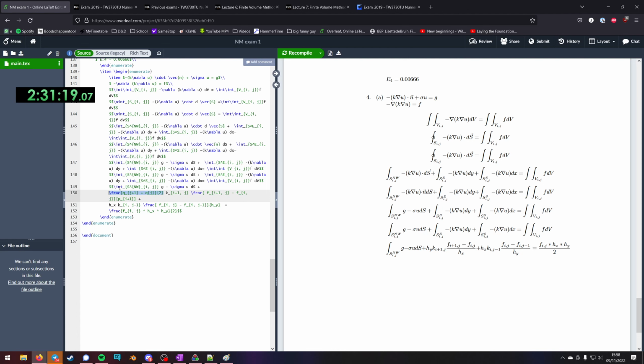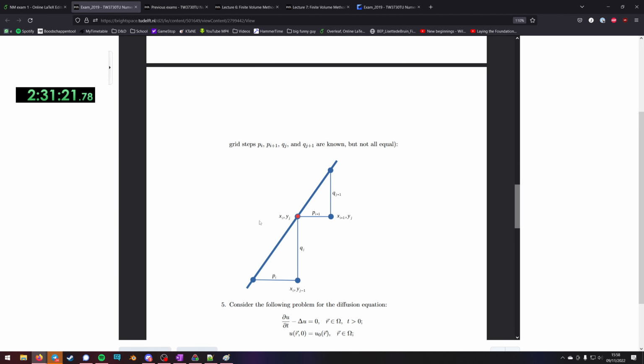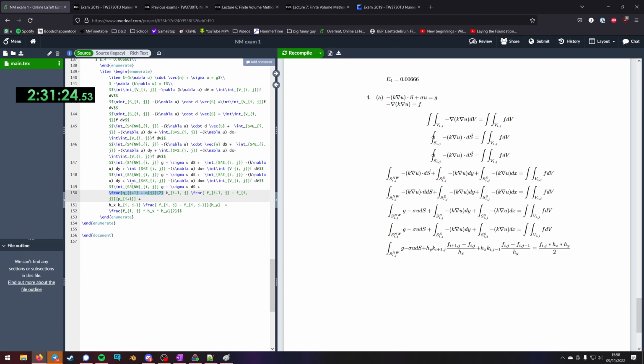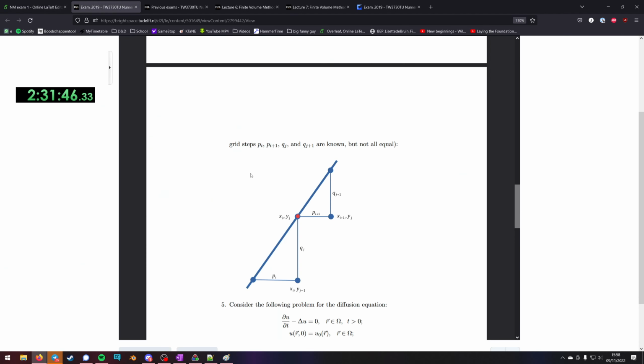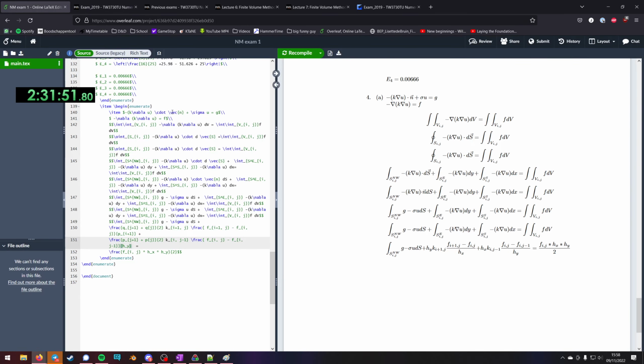So then this would be pi and pi plus 1 over 2 for the other one. So this is b plus b over 2, and this hy here, because we're going south, would be qj. Okay.